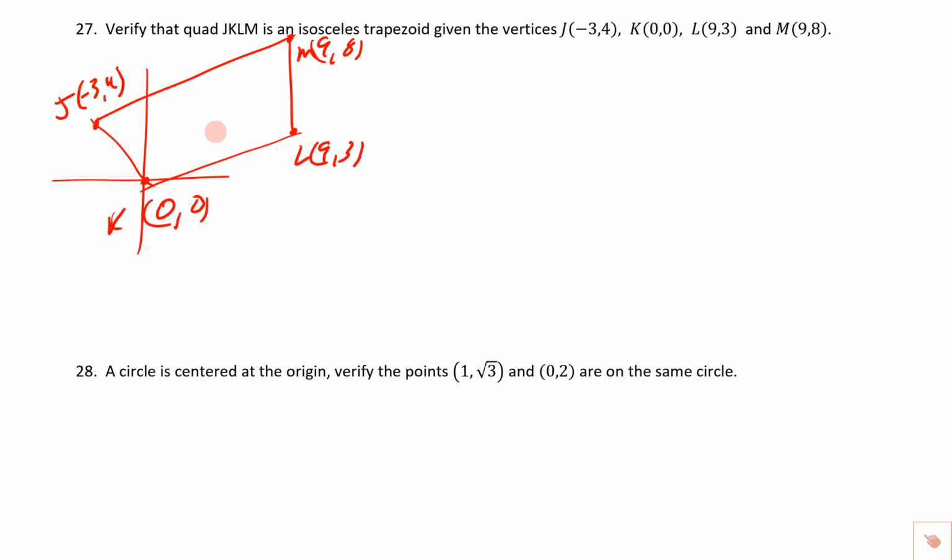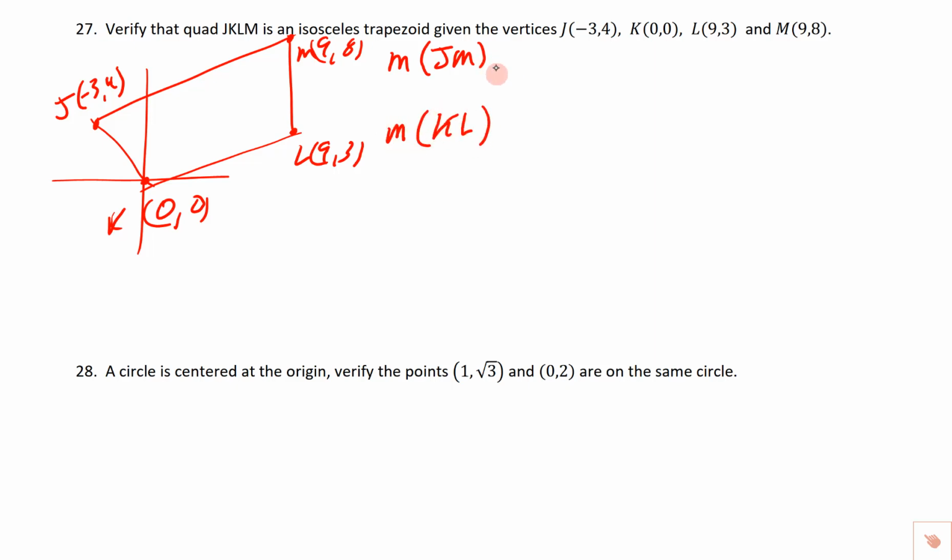We need to check a couple of things first of all. We need to check the slopes here. Now, we would take a guess based off what we've got right here that JM is parallel to KL. So let's check the slope of JM, and then let's check the slope of KL.